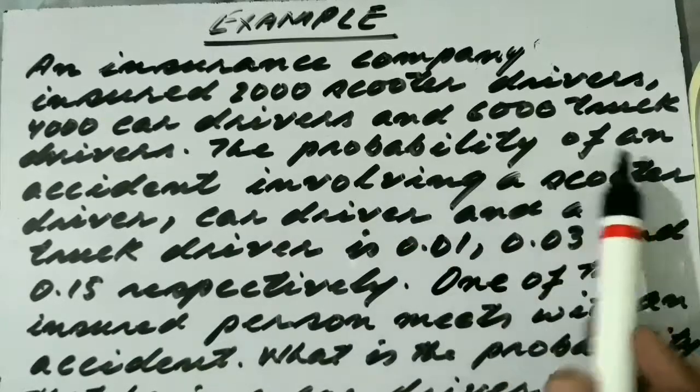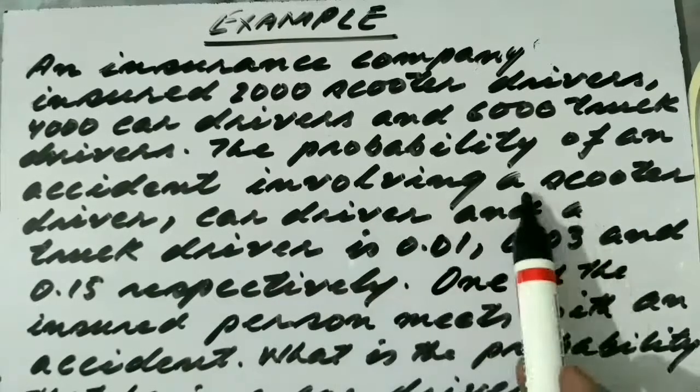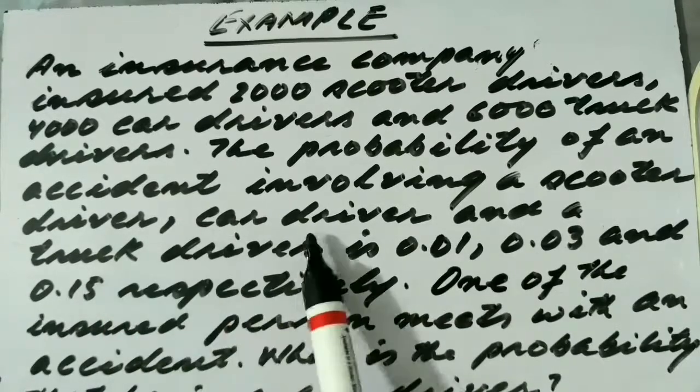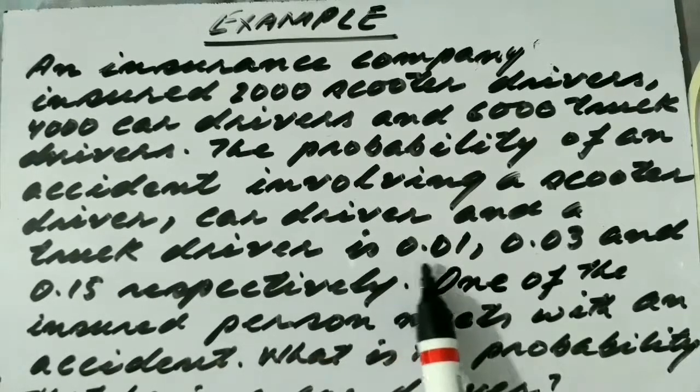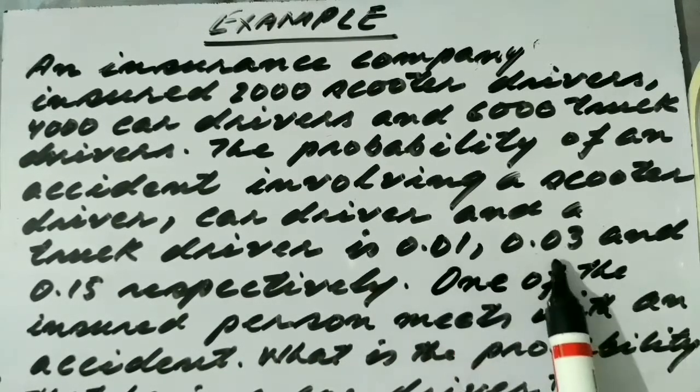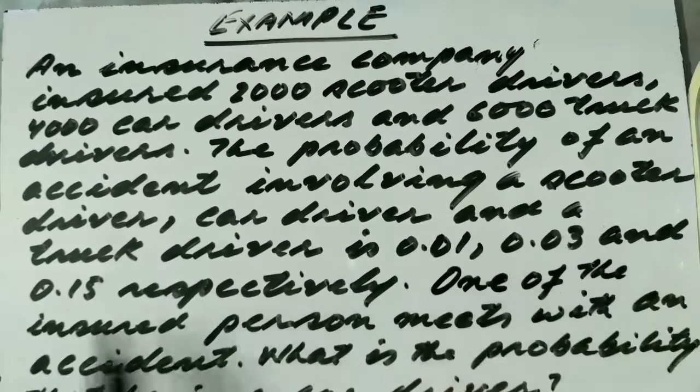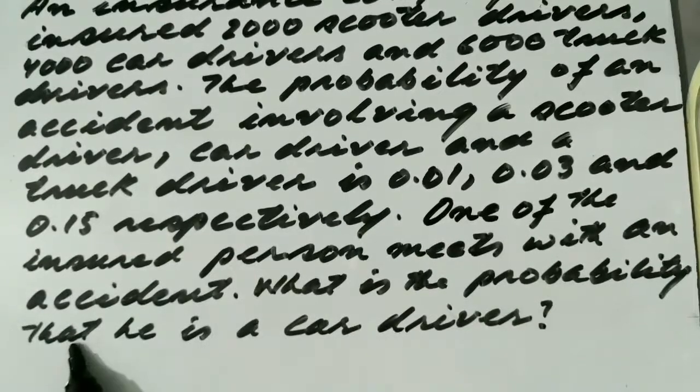The probability of an accident involving a scooter driver, car driver, and a truck driver is 0.01, 0.03, and 0.15 respectively. One of the insured persons meets with an accident, and what is the probability that he is a car driver?